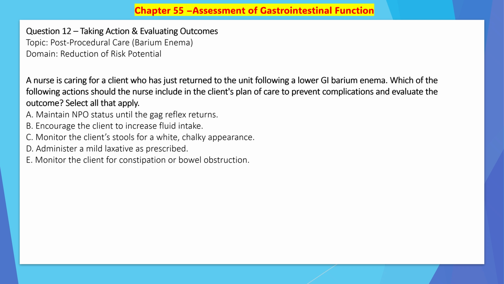Select all that apply. Maintain NPO status until the gag reflex returns. Encourage the client to increase fluid intake. Monitor the client's stool for white chalky appearance. Administer a mild laxative as prescribed. Monitor the client for constipation or bowel obstruction.